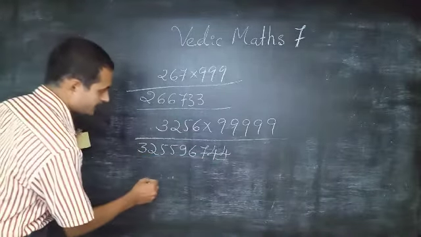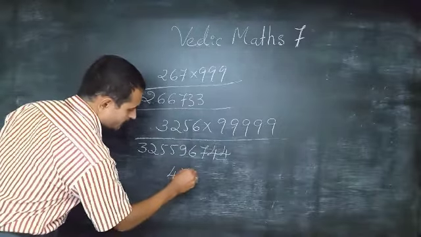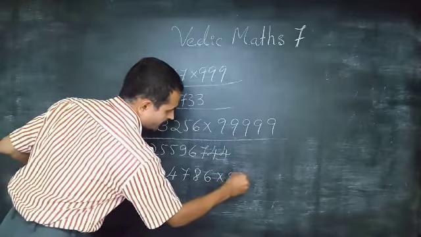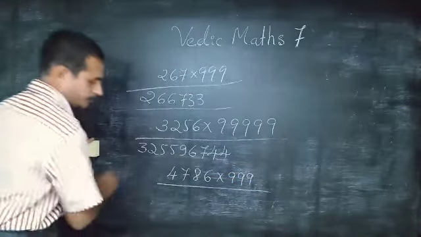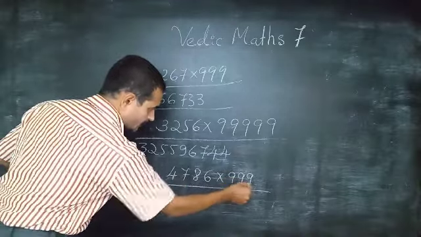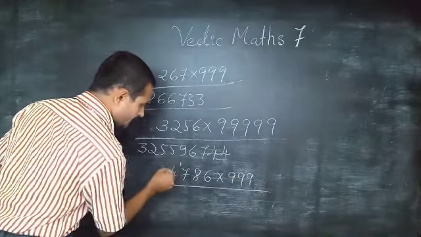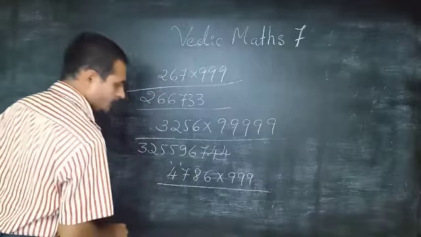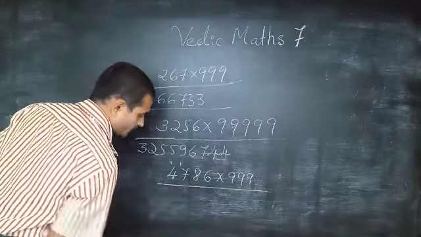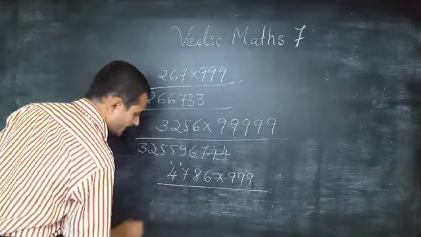If there are fewer 9s, for example 4786 into 999: 4 digits are there, so 3 nines are there, 1 digit is extra. That extra digit is to be taken from the left, and Ekanyunena Purvena applied along with subtraction of the extra digit.